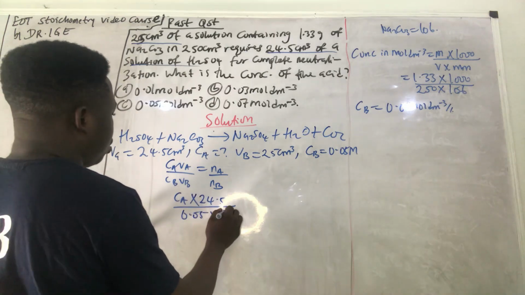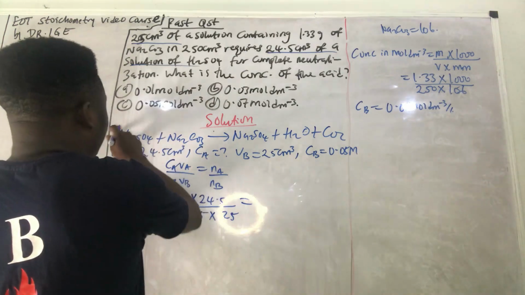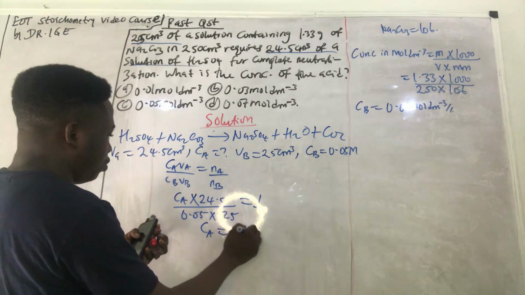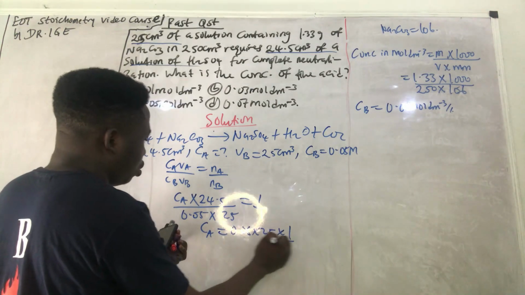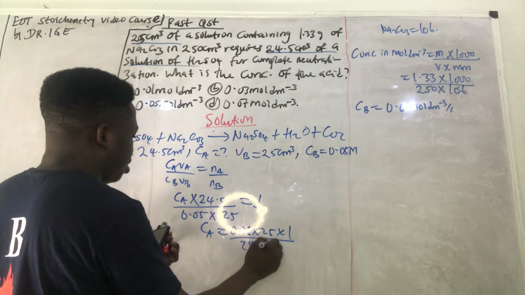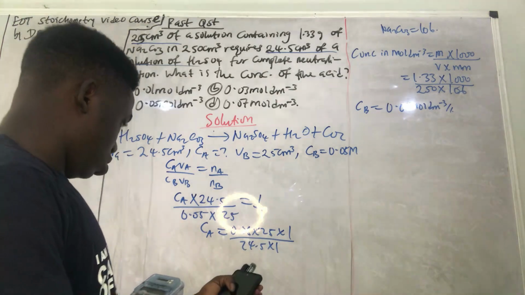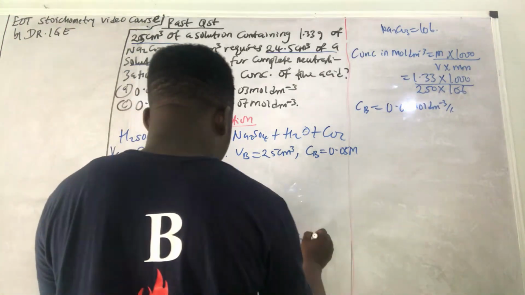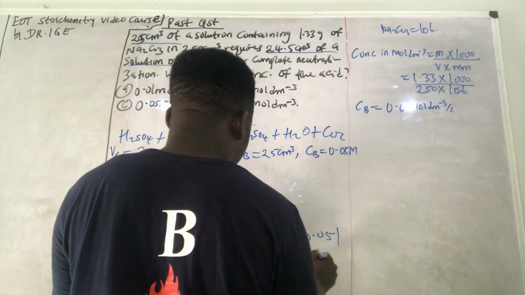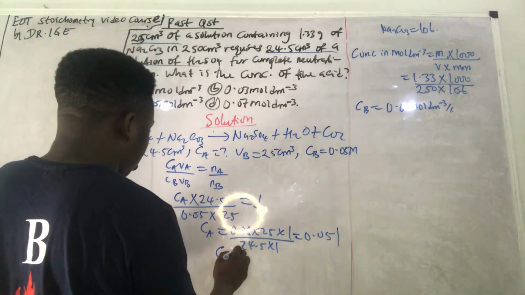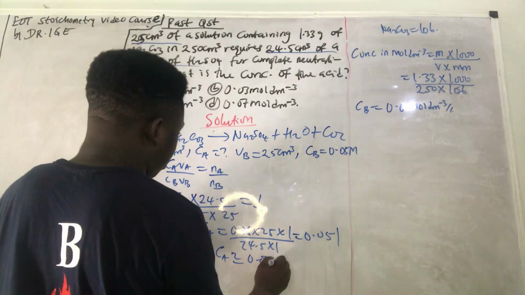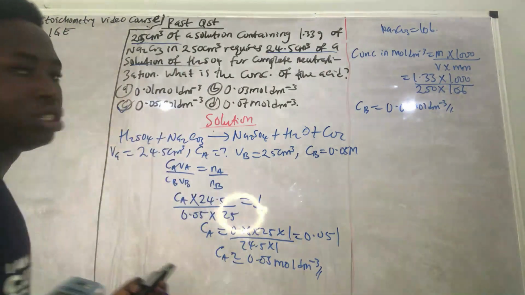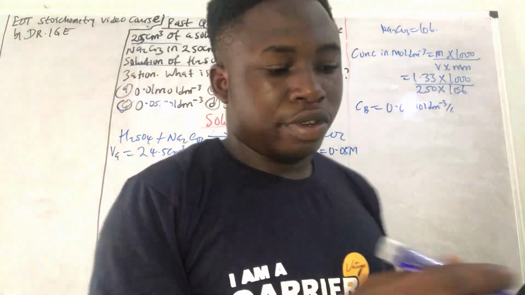What is VB? 25. What is NA? 1, so we have 1 over 1. So CA is 0.05 times 25 times 1, all over 24.5 times 1. So CA is 0.051, approximately 0.05 mole per dm cube. And that is option C. Option C is correct.